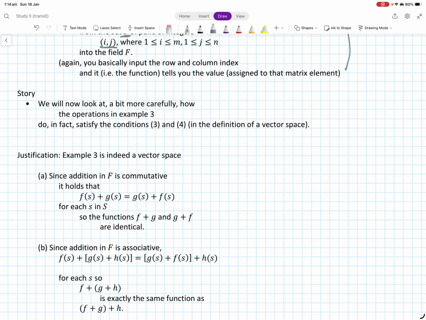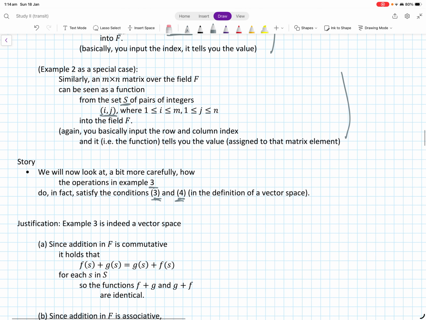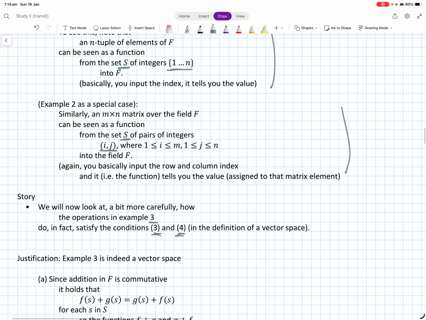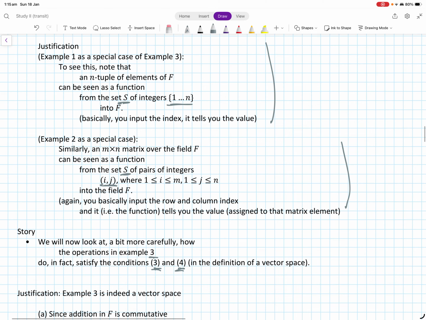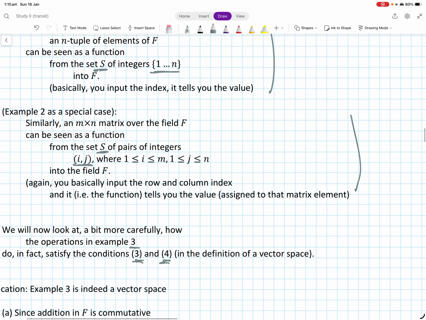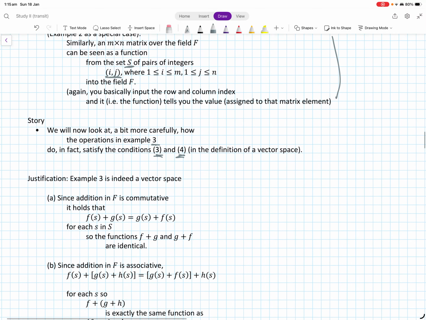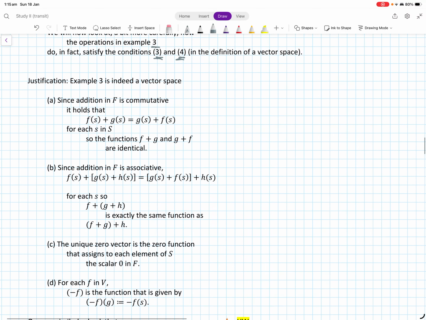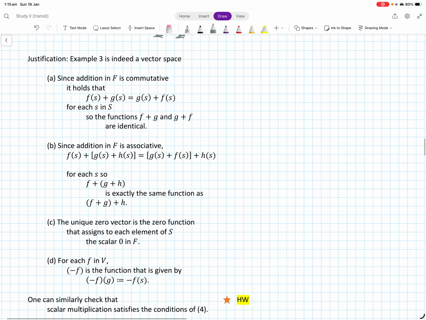So the story now is that we are going to look a bit more carefully at how the operations in example 3 do in fact satisfy conditions 3 and 4. I quickly just claimed that the prior examples satisfy the conditions. Now, since we already established that example 3 is a generalization, and examples 1 and 2 are special cases, we can look at whether example 3 actually satisfies the required conditions for being a vector space.